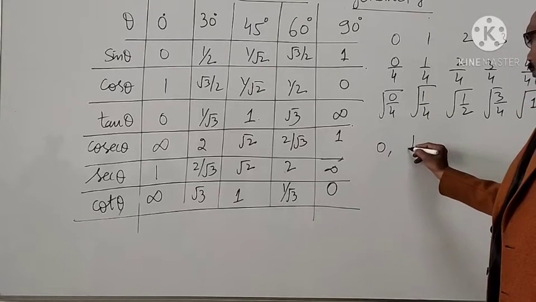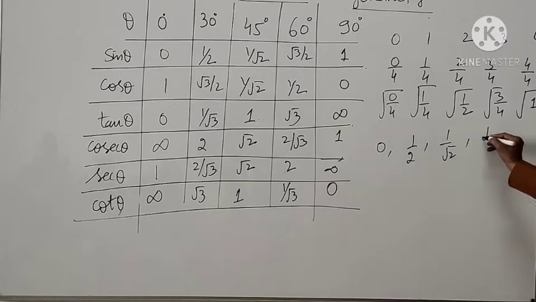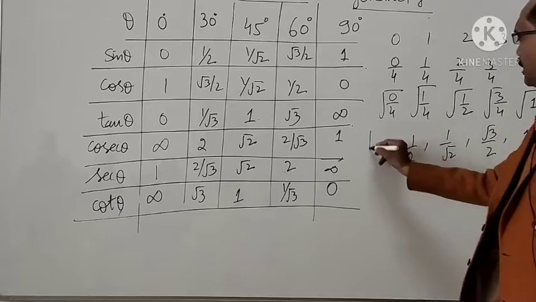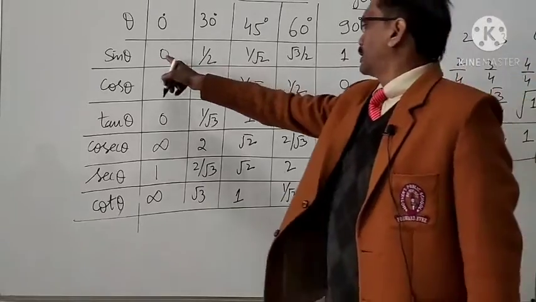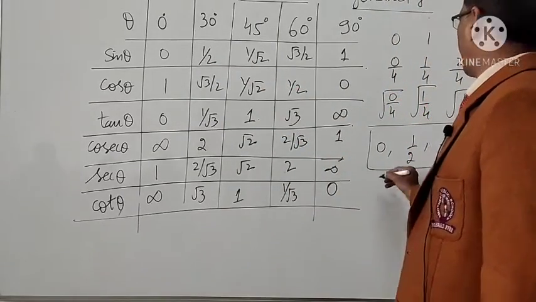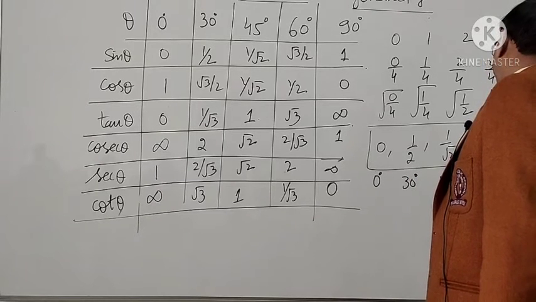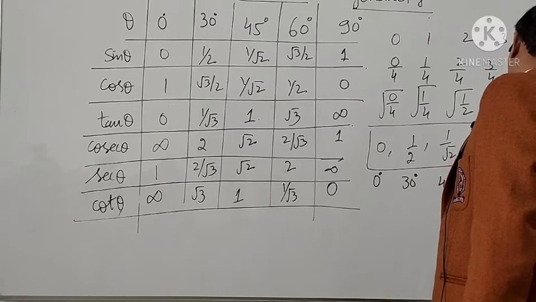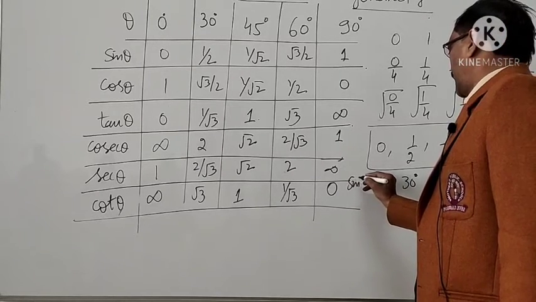But it is 1 upon 2, 1 upon root 2, root 3 by 2 and 1. Student, these are the values of sin theta at 0 degree, 30 degree, 45 degree, 60 and 90.